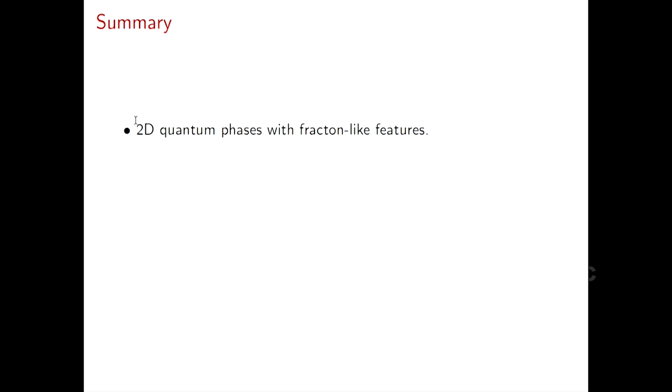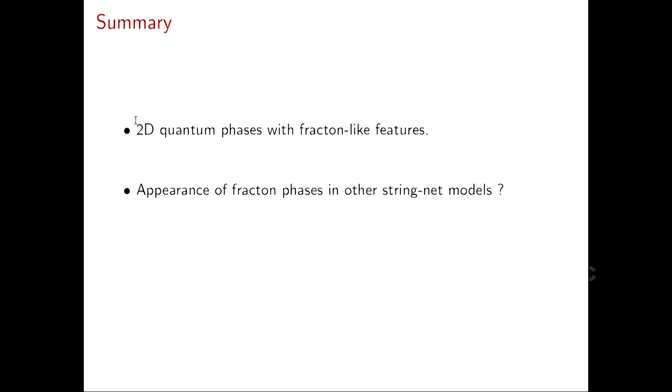I didn't talk about the stability here, but it's possible to show that stable ones emerge even in 2-dimensional systems. And I'm showing you that the groupoid algebras that we have are a rich playground for constructing such exotic phases.